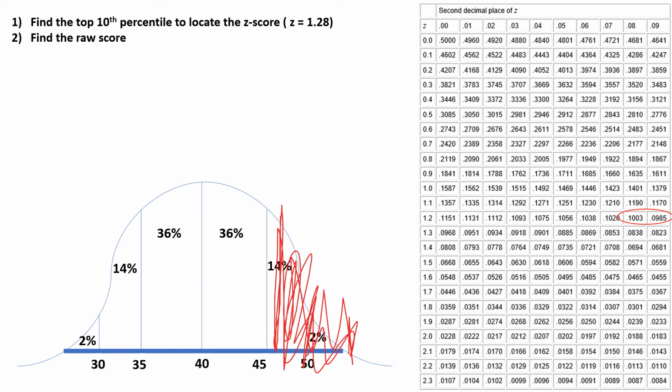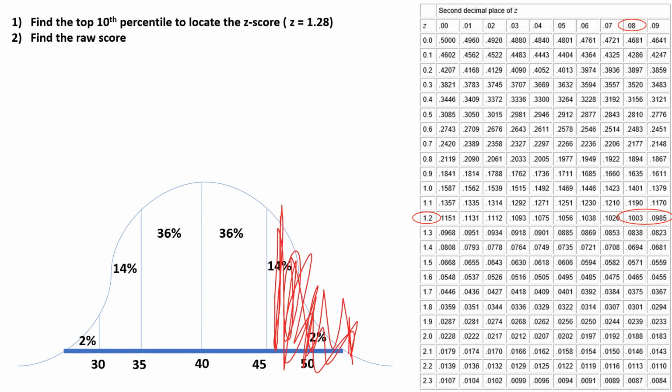If we're trying to find the score that's closest to 0.1, which equates to the 10th percentile, we need to find the closest proportion to that, and 0.1003 is much closer to the 10th percentile than 0.0985 is, meaning we will be using this z-score of 1.28, as you can already see.